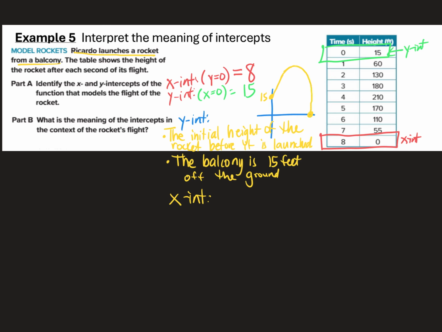This is your x-intercept. What would that be? So the rocket is flying through the air, and what happens right here? The rocket hits the ground after 8 seconds.